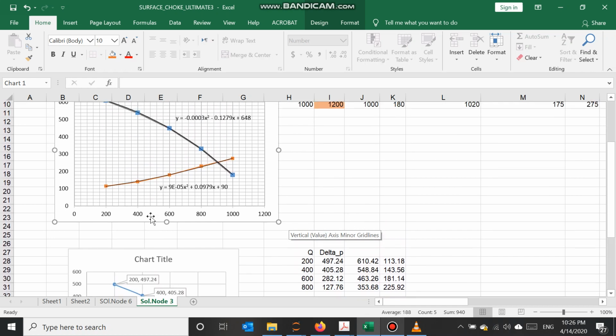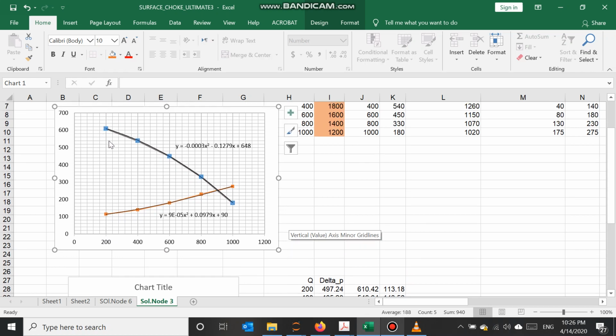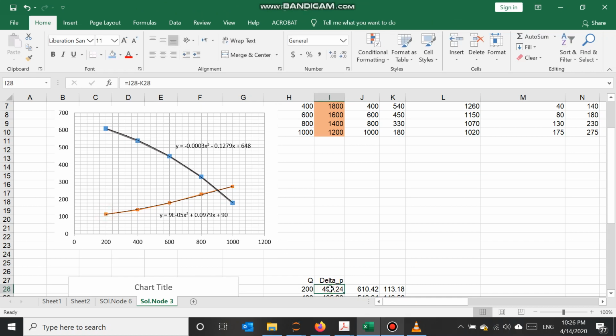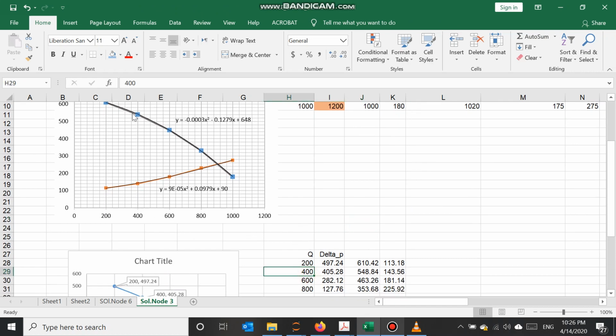Basically I go for, let's say, 200 barrels per day, and I get the difference between this and this. I find it 497 psi. Then I do the same thing for 400 barrels per day, which is lower, and for 800 barrels per day, for example, I get a smaller one, which is 127.